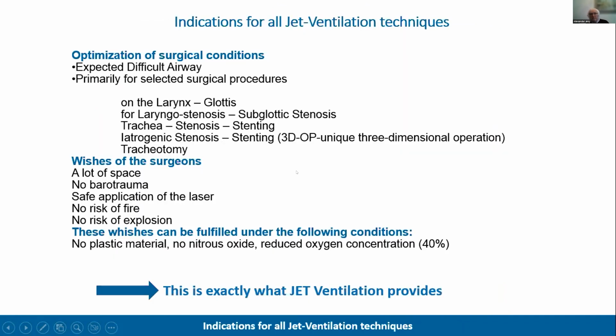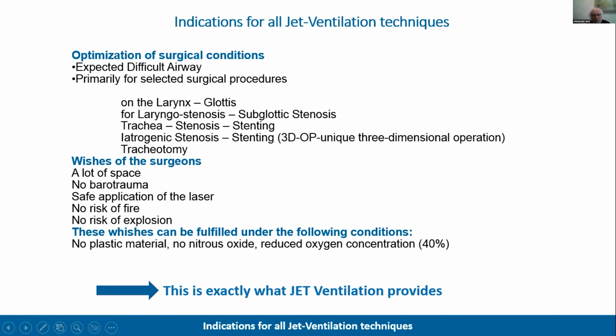And now indications for all jet ventilation techniques: optimization of surgical conditions. Then for the expected difficult airway, primarily for selected surgical procedures on the larynx, on the glottis, for laryngostenosis, for subglottic stenosis, for operation in the trachea, for stenosis and then the stenting. Stenting is an iatrogenic stenosis, and maybe tracheotomy.